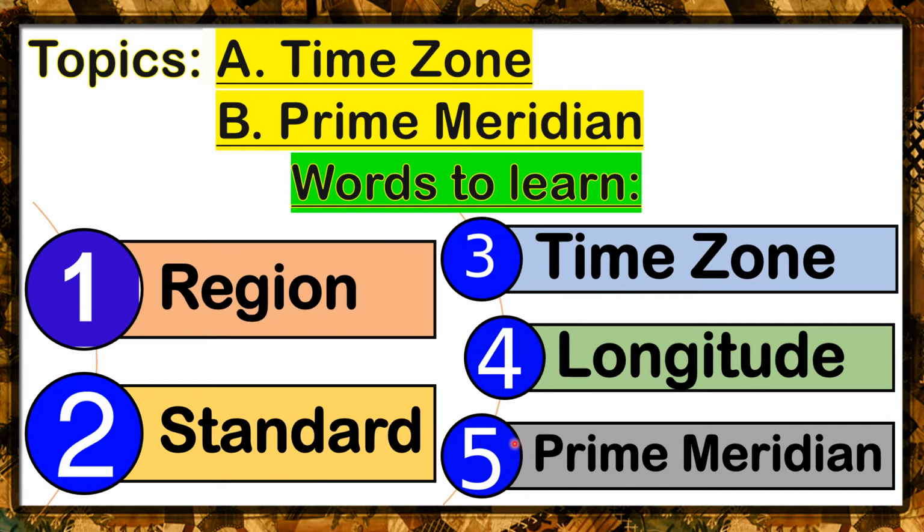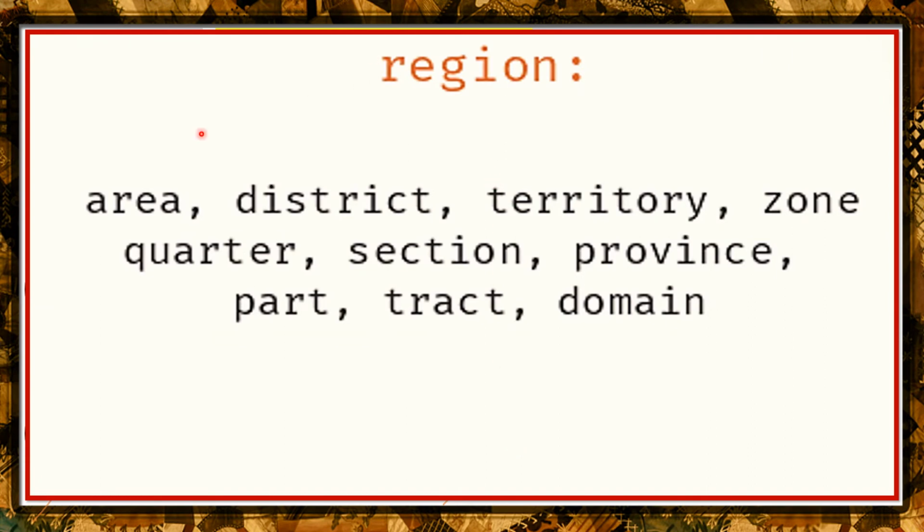Now let's discuss the meaning of these words one by one. Region means area, district, territory, zone, quarter, section, province, part, tract, and domain. So when we say region, it means an area or a zone or a place.